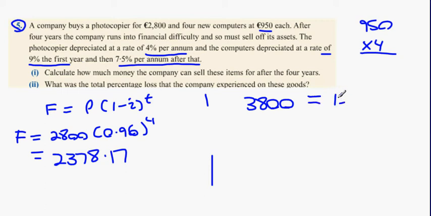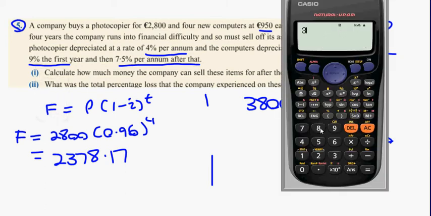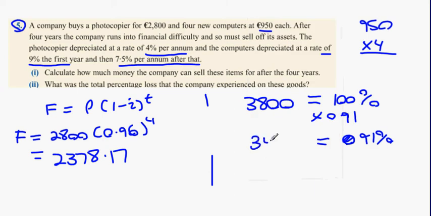So if that equals 100%, I have to turn it into 91%, so I'm going to multiply 3,800 by 0.91. And what we get here is 3,458. Now for the next 3 years, it goes down at a different rate.